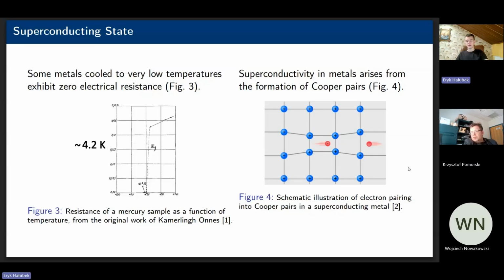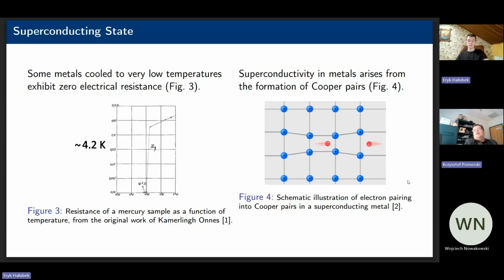So when they pair, they are not technically a boson, but we can consider them as something like a quasi boson. Such a pair has integer spin. So they are subjected to Bose-Einstein statistics, right?